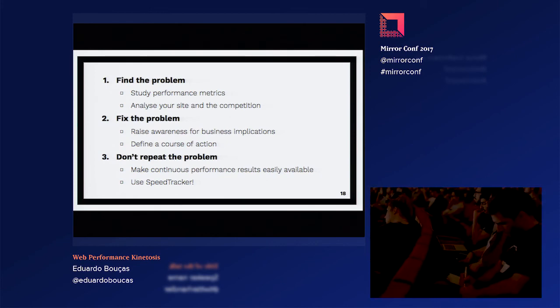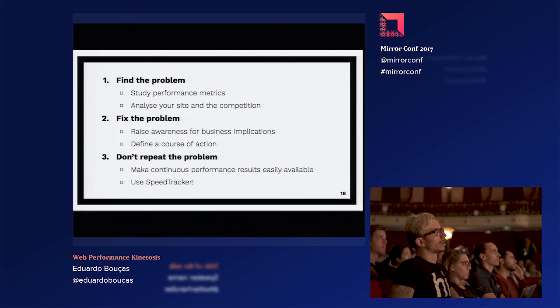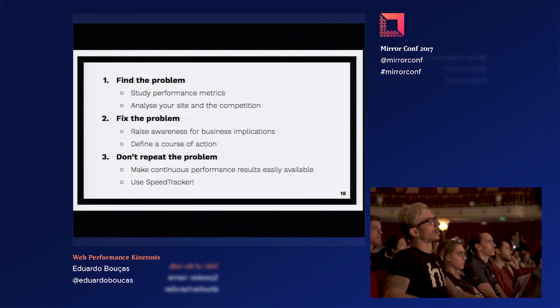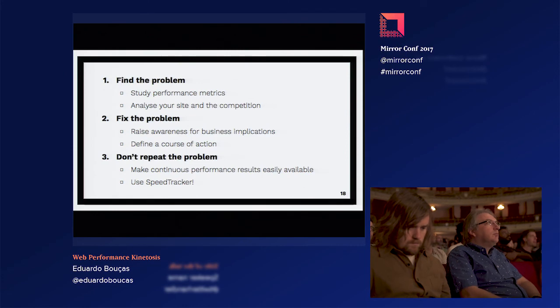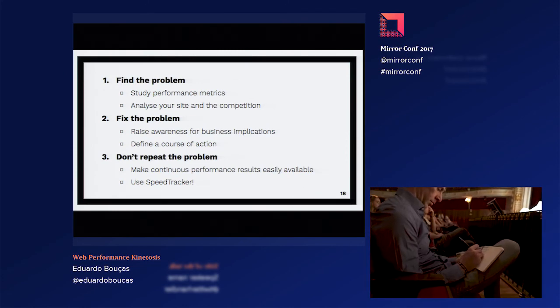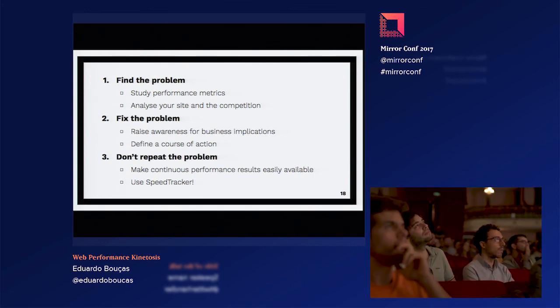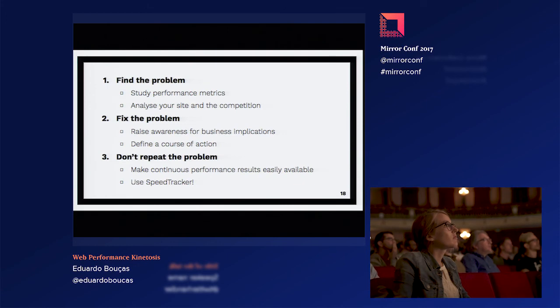If necessary, you need to raise awareness within the organization to tell them how important it is to address these performance issues. And then finally, once you do that, you need to make sure that you don't repeat the problem. So look into making your performance data easily available for everyone in the organization.